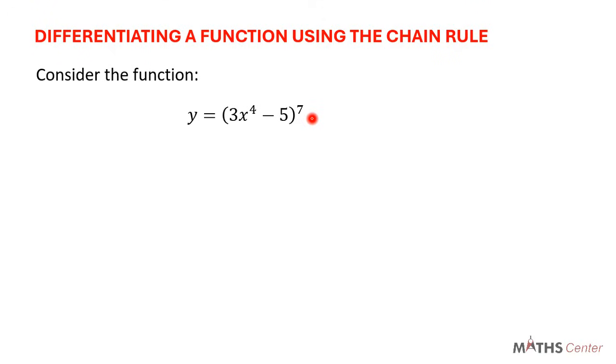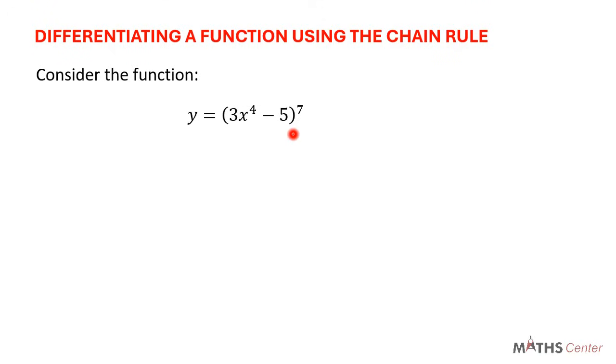So there should be an easier or quicker way for us to differentiate a function like this without going through the hassle of expanding this long expression and then differentiating each term. There is a method like that, and that is known as the chain rule. So the chain rule helps us to differentiate functions like these.